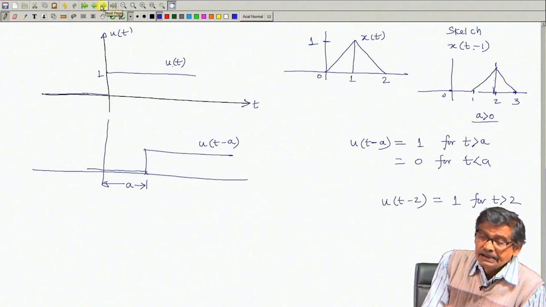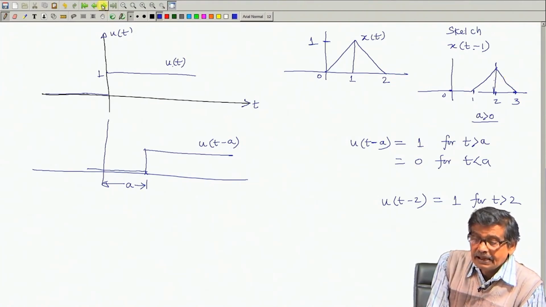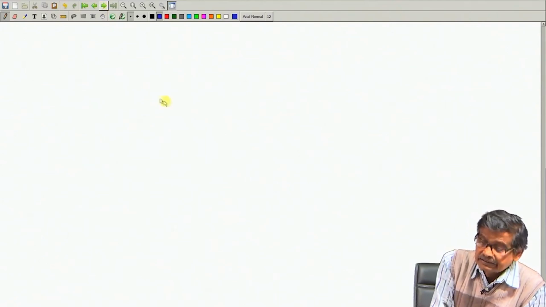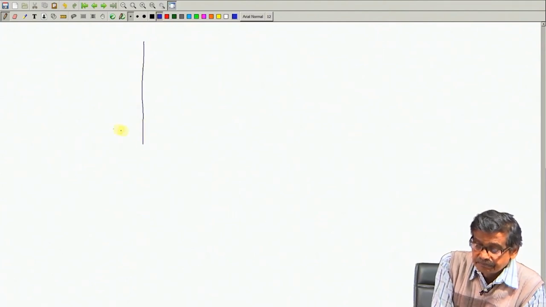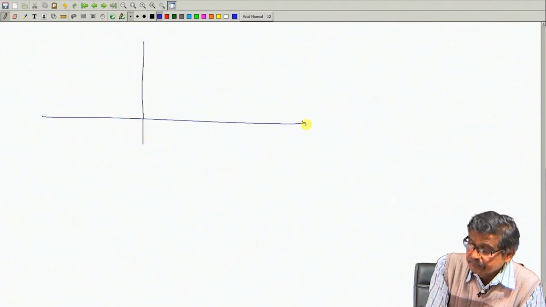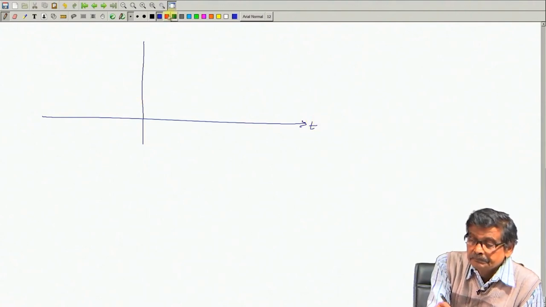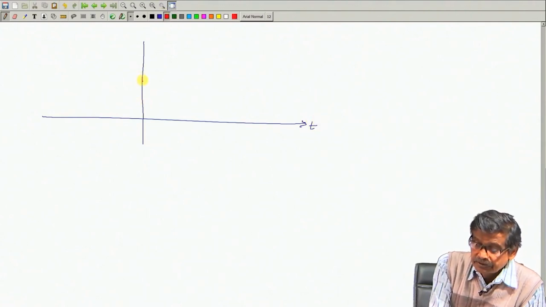Okay. Then another function, which is called the unit impulse function. Suppose I show the unit impulse function by an arrow like this.